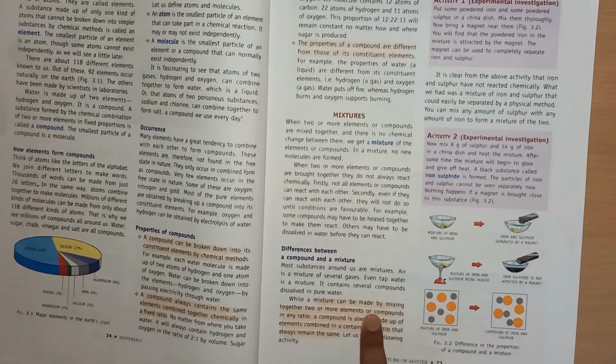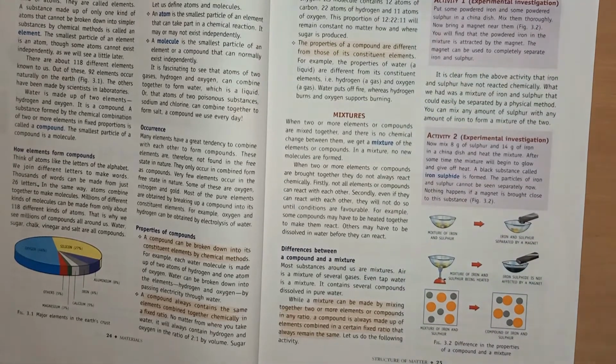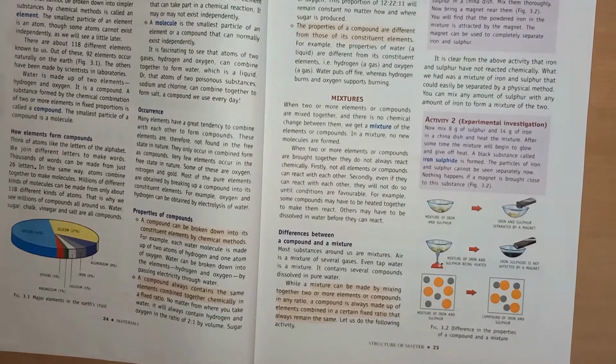While a mixture can be made by mixing together two or more elements or compounds in any ratio, a compound is always made up of elements combined in a certain fixed ratio that always remains the same. So the main difference between the mixture and the compound is that a mixture can be in any ratio. It is not necessary that it would be in a ratio of 2:1 only.